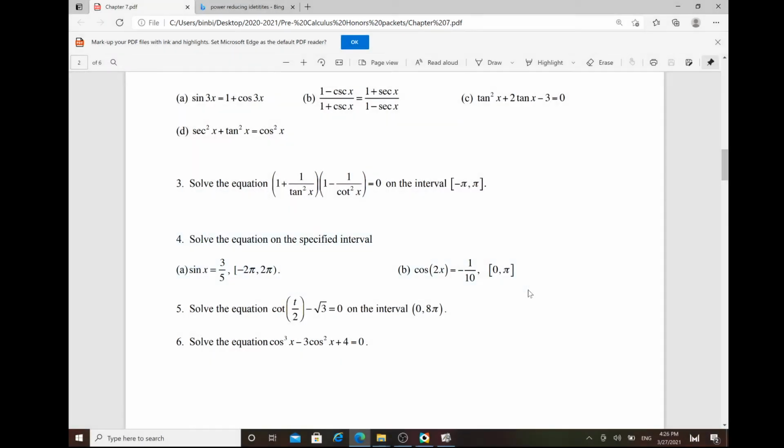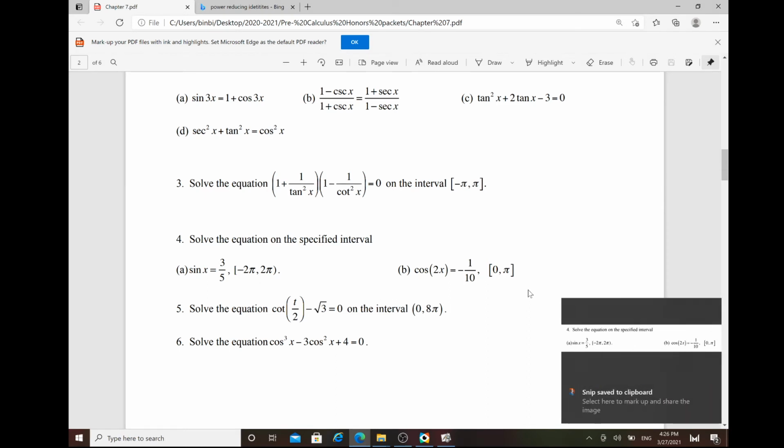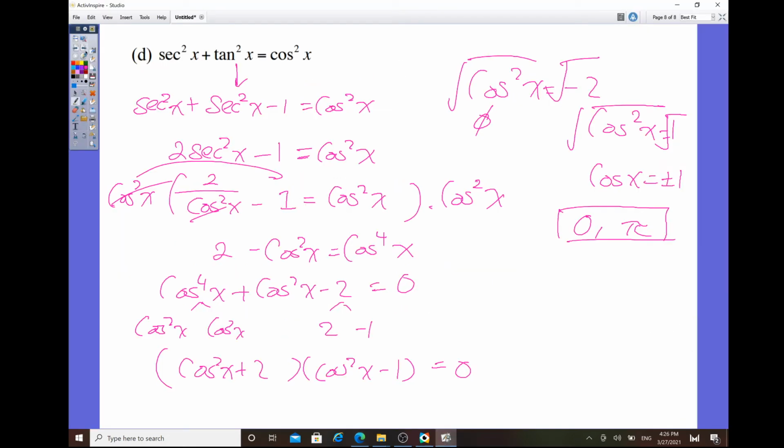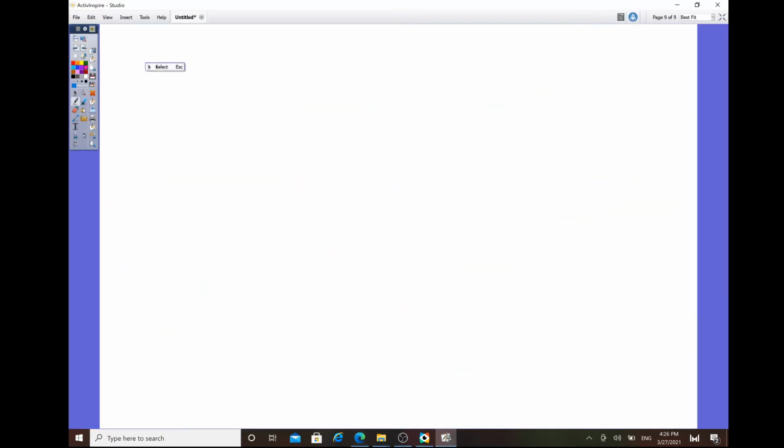Okay, so it looks like this one is a non-special ratio, so we have to use a calculator for this. Sine of x equals 3/5.